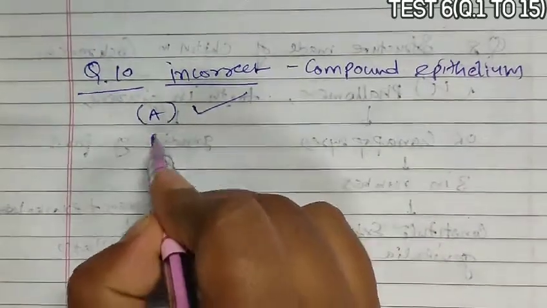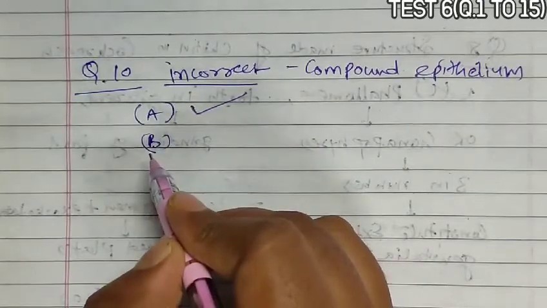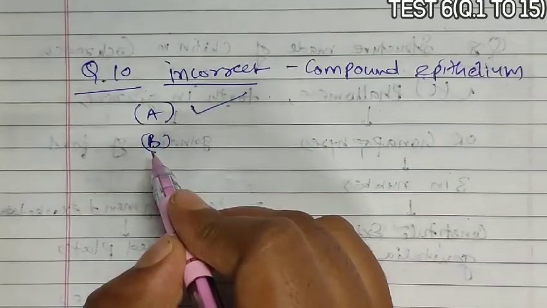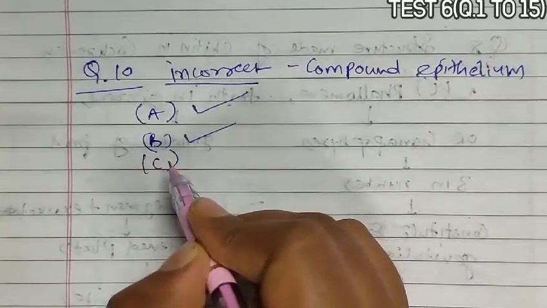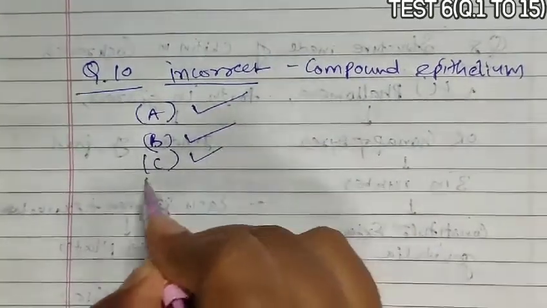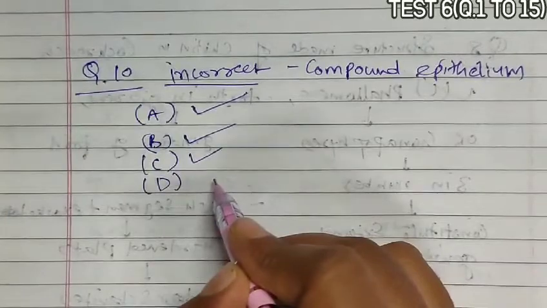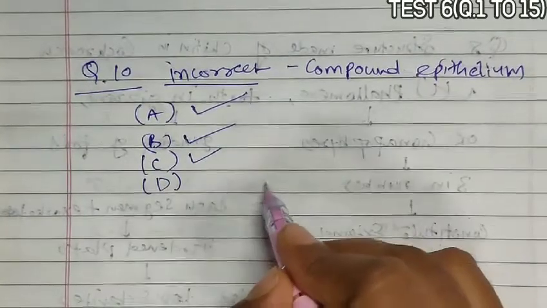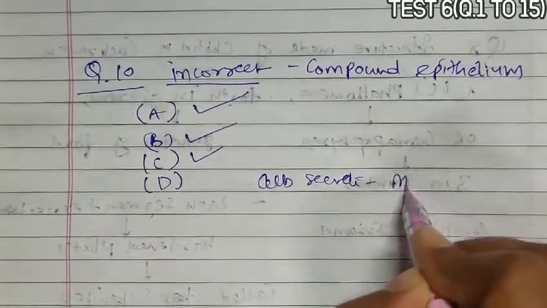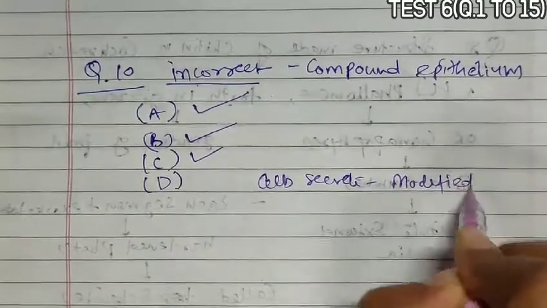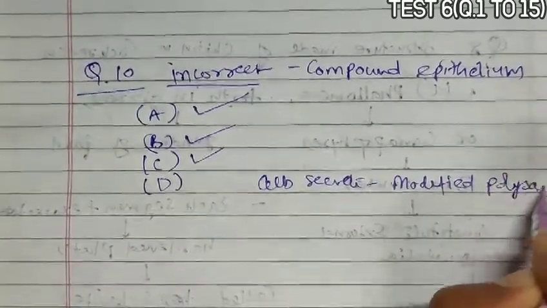Option B, main function is to provide protection against chemical and mechanical stress. Obvious, it provides. Option C, cover the dry surface of the skin. Correct. Option D is cells secrete modified polysaccharide.